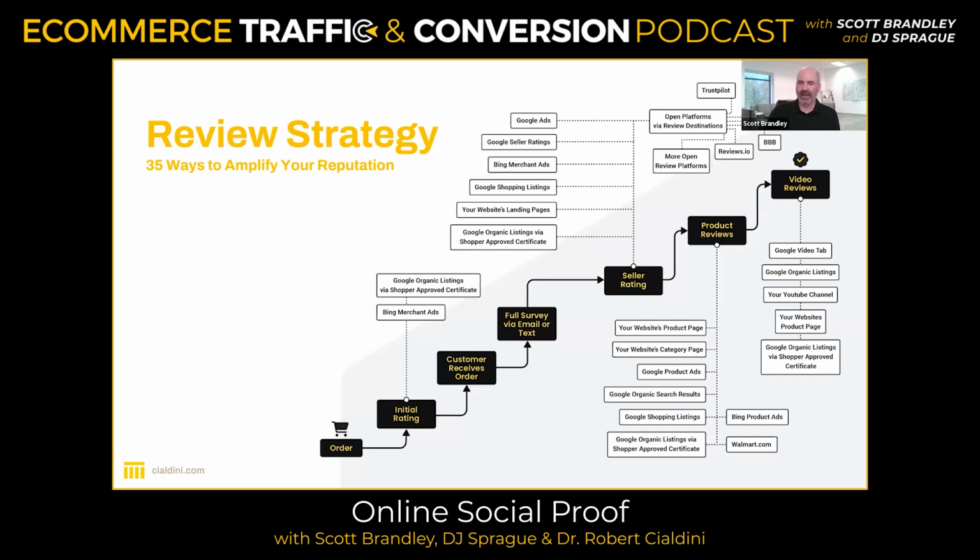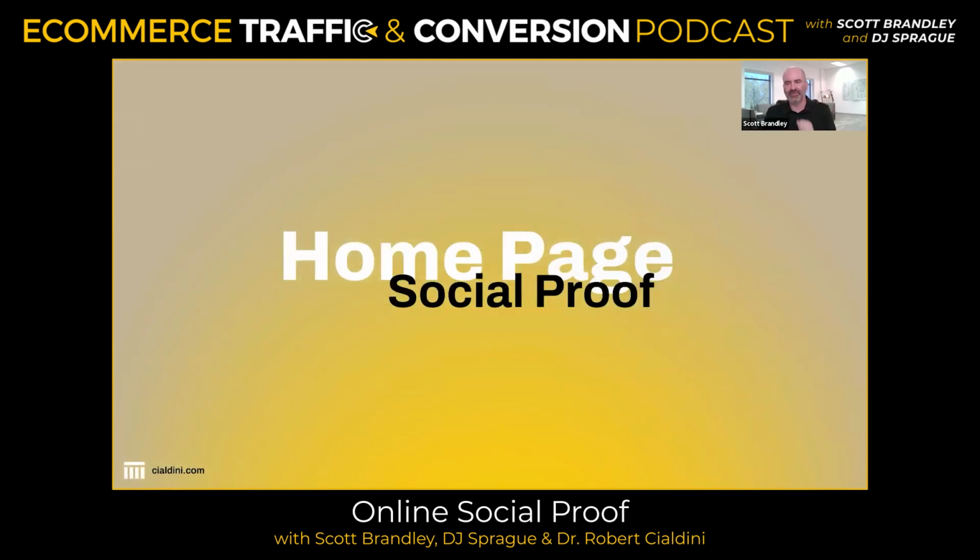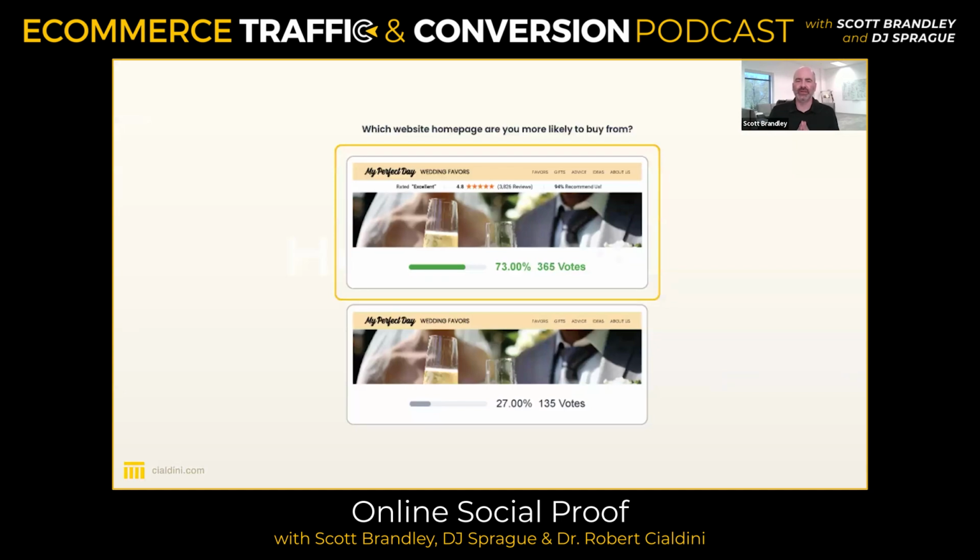I wanted to give you a really quick 10,000-foot view of what that looks like. Now, we talked about the best place to put seller ratings on your website: at the top, above the fold, somewhere in the middle, and then at the bottom. I'm going to show you what that looks like and why we feel that's the most optimal position.